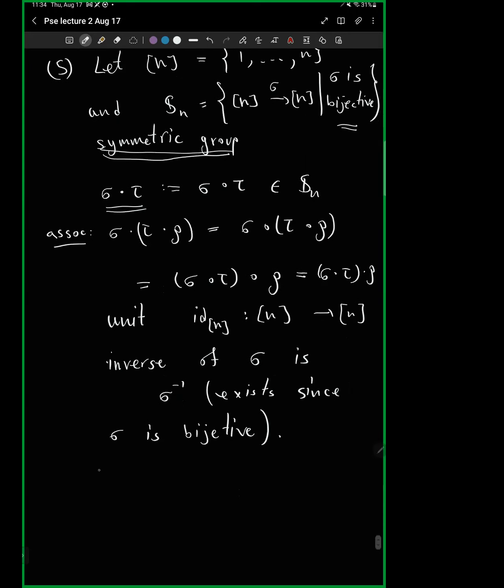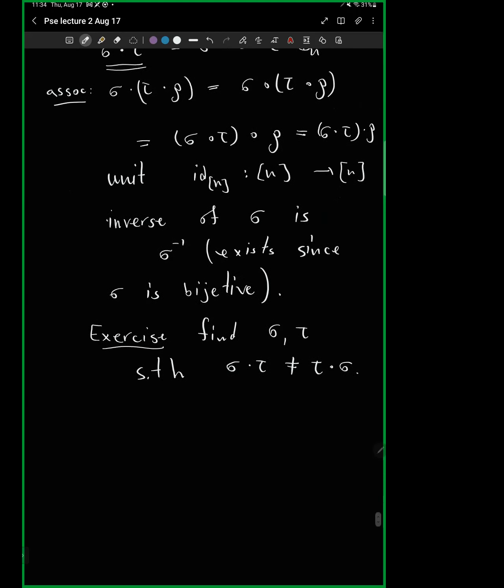So, exercise: find sigma and tau, choose an n, such that sigma operation tau is not equal to tau operation sigma. Any questions on that? All right.